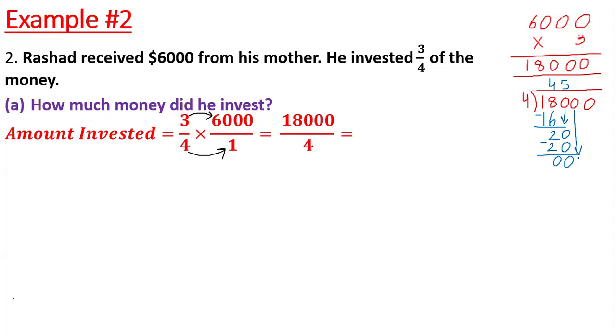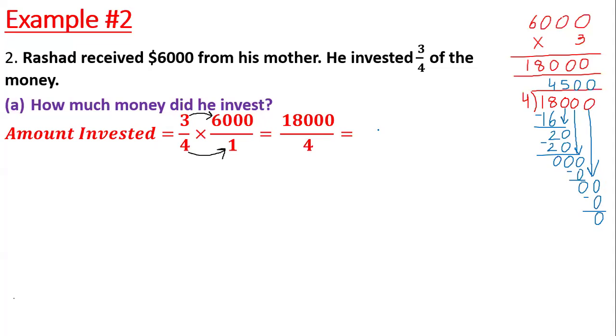How many times does 4 go into 0? 0 times. 4 times 0 is 0, and 0 minus 0 is 0. We bring down the next 0. How many times does 4 go into 0? 0. And 0 minus 0 is definitely 0.